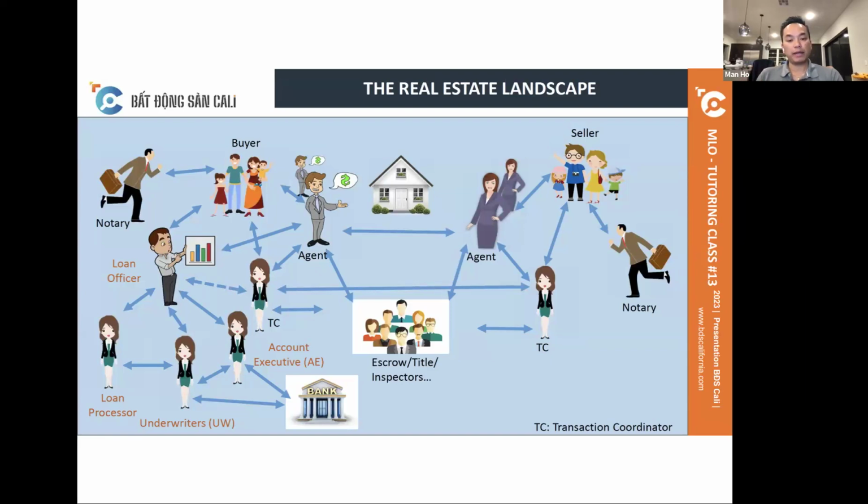So you need to step in to calm them down, and give them information that gives them confidence. At least help them buy a home, and also keep your job and get paid. So you need to know all the aspects. The more you know, the better you help the client, and the easier it is to keep your income flowing in. That's why you need to know both sides.